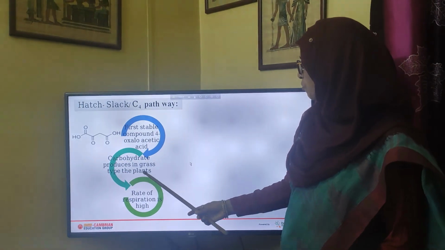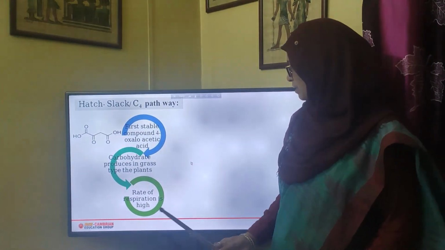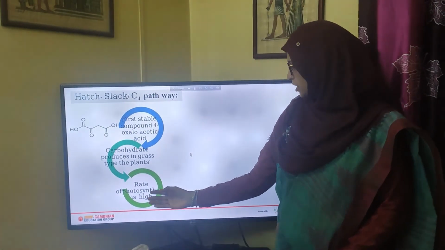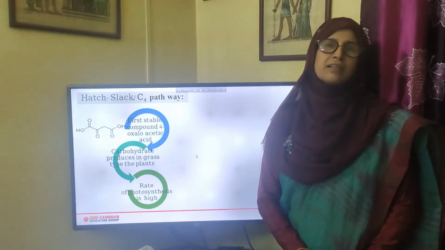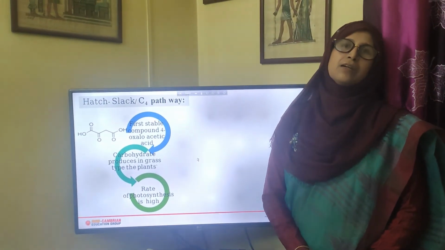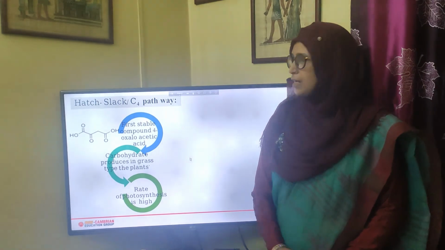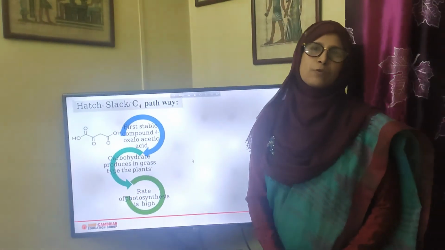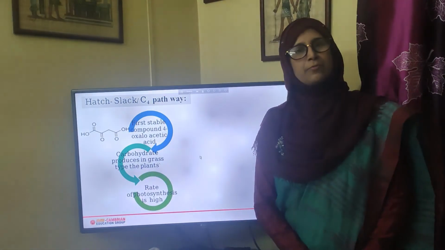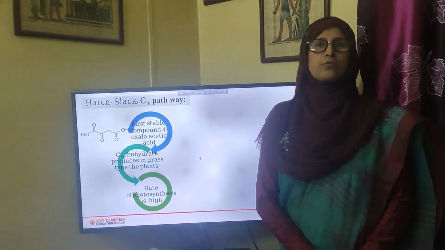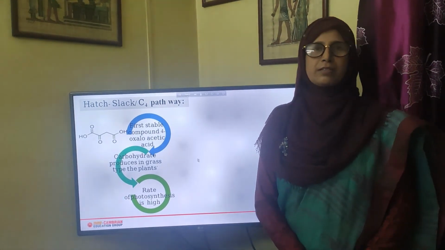Secondly, carbohydrate is produced in grass type of plants, and the rate of photosynthesis is higher in this cycle than in the C3 cycle. And in the case of C4 plants, the C3 cycle and C4 cycle are a continuous process, that means they occur all together.